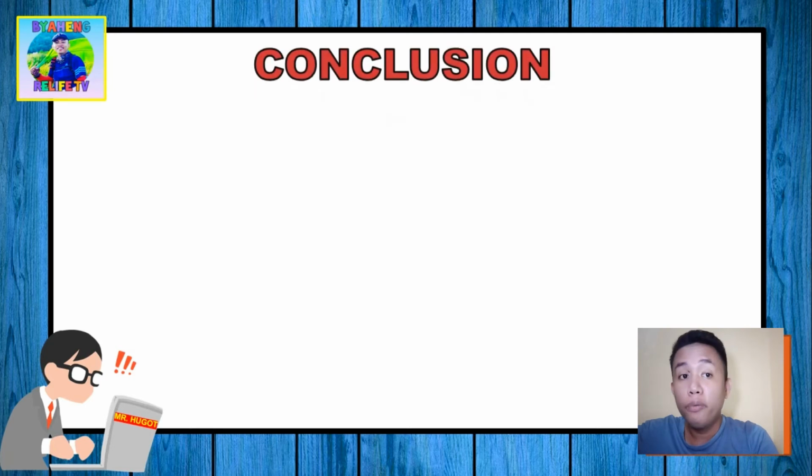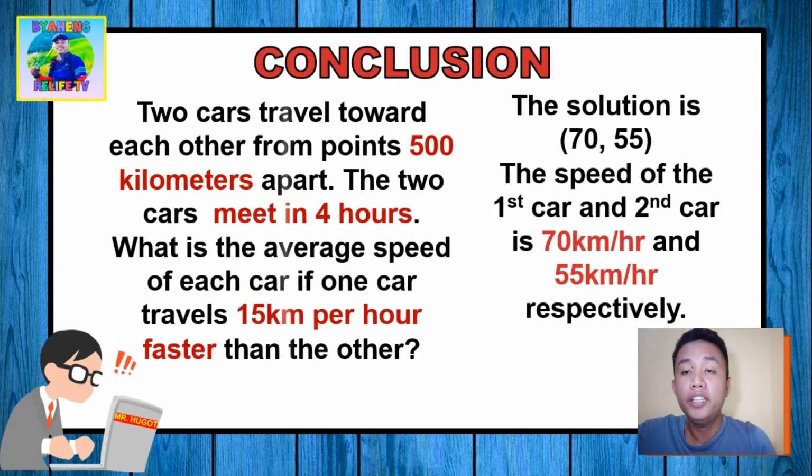So, we're going to write our conclusion, syempre. Our solution is 70 and 55, which are x and y. Our conclusion is, the speed of the first and the second car is 70 km per hour and 55 km per hour, respectively. So, guys, kailangan ang inyong sagot sa conclusion ay laging isang statement, at kailangan po kompleto.